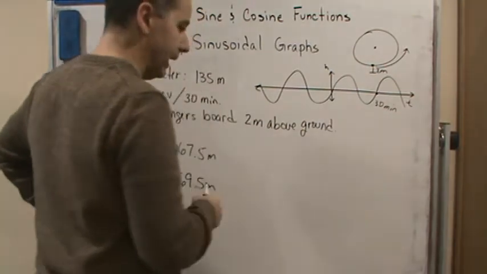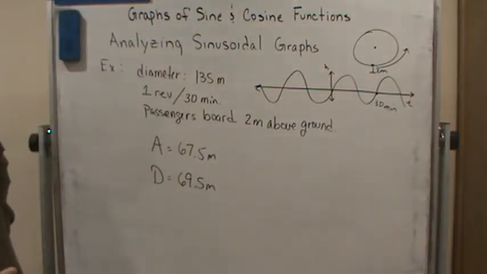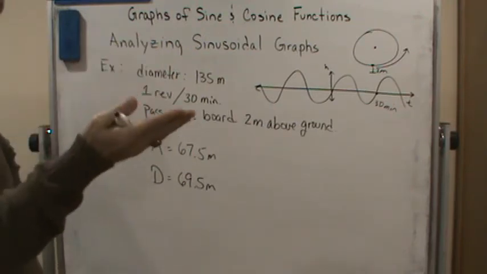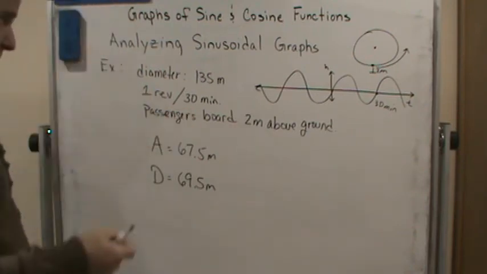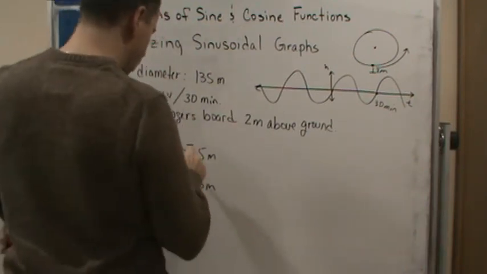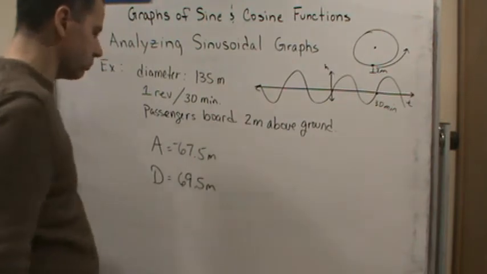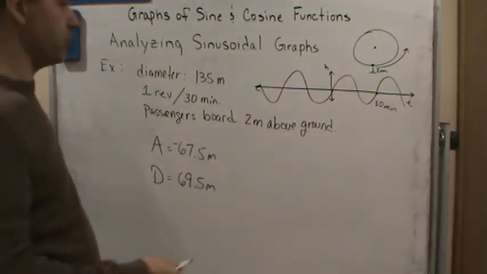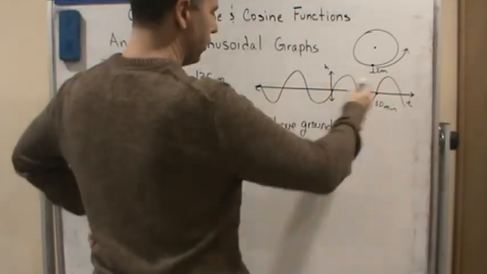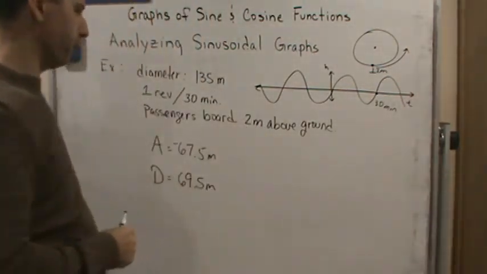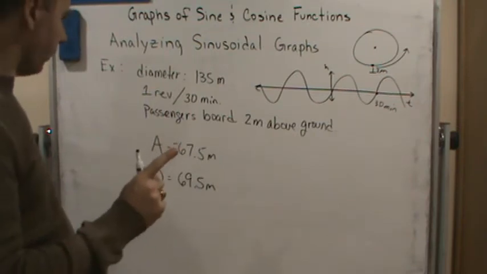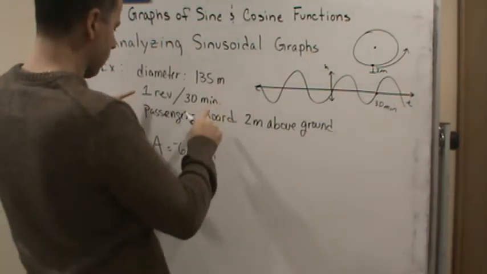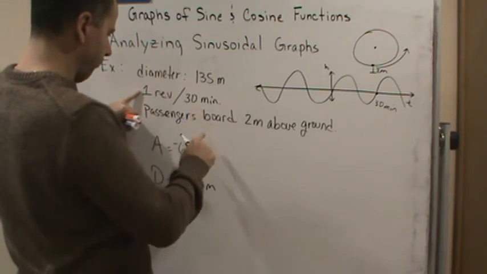A cosine curve would be the simplest one to use, and it's going to be inverted, just like the last problem, because it's starting at a minimum point, not a maximum. So A is going to be negative. Now if we put this together, there's no horizontal shift, so we don't have to worry about that. The period is 30 minutes.